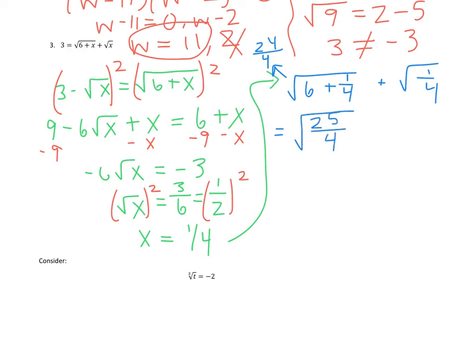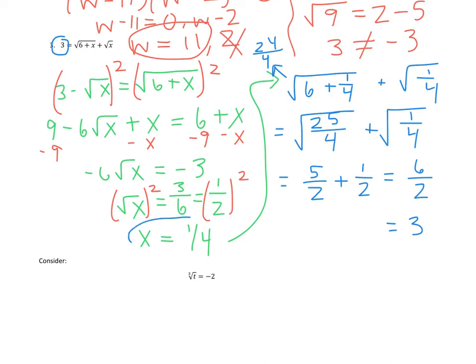All right, 24 over 4 plus a 4th is 25 over 4, plus the square root of 1/4. We can take the square root of the top and the bottom. And we get 6 over 2 when we do that addition, and that is 3. And was that what we were trying to get? Yep, our original problem, that whole thing is supposed to equal 3. So x equals 1/4 is our solution.